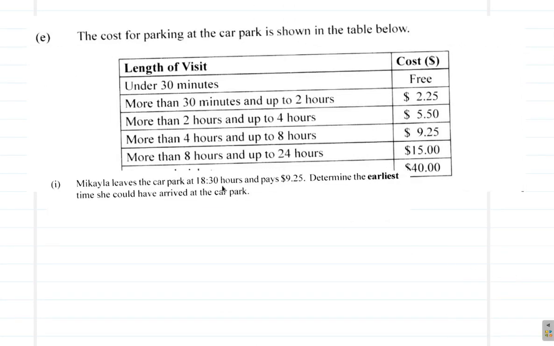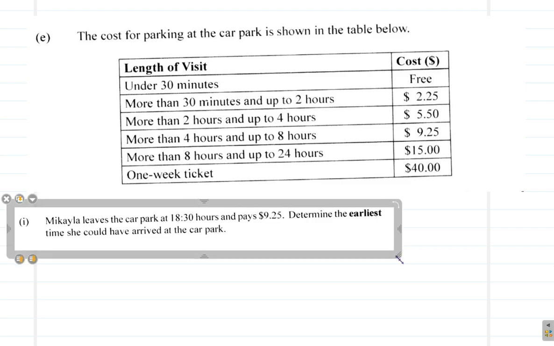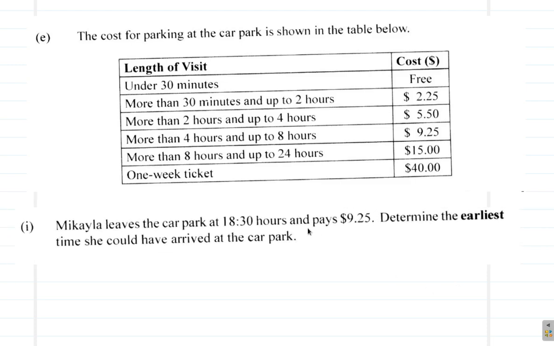It says Michaela leaves the car park at 18:30 hours and pays $9.25. Determine the earliest time she could have arrived at the car park.